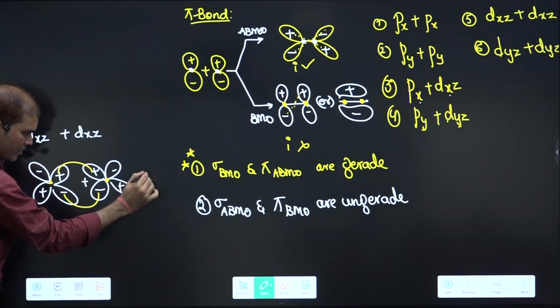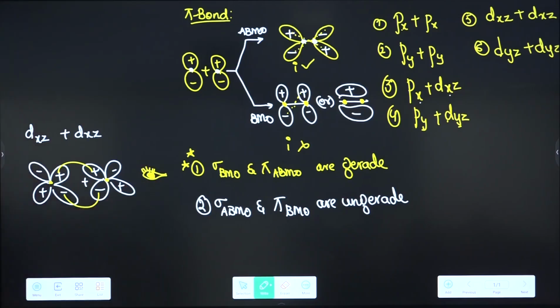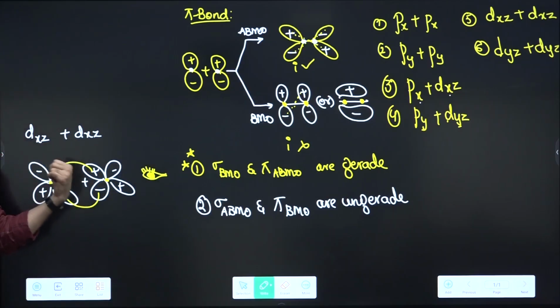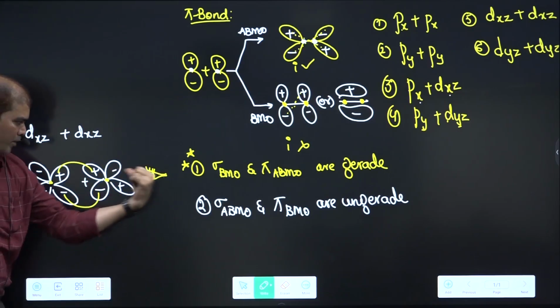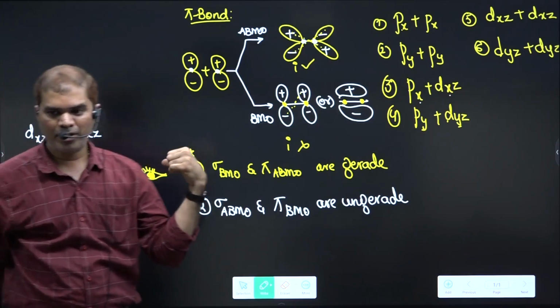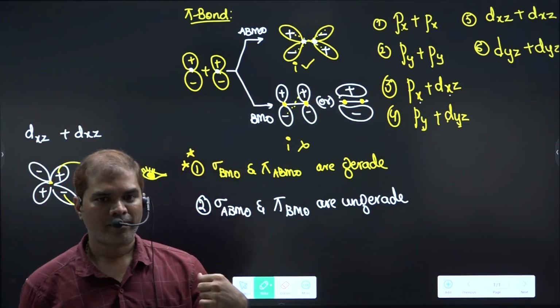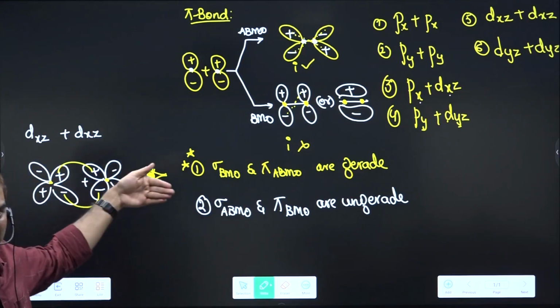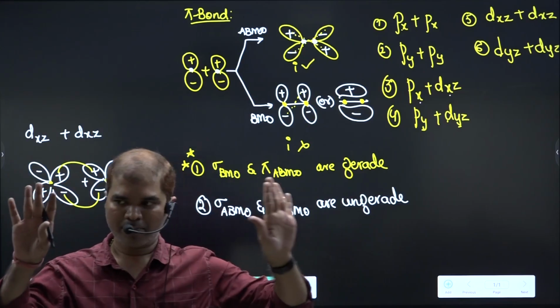Just imagine that you are looking from this side or maybe from this side. When you are looking from this side, how many lobes are you able to see? Only two lobes. Actually there are 8 lobes in this plane.